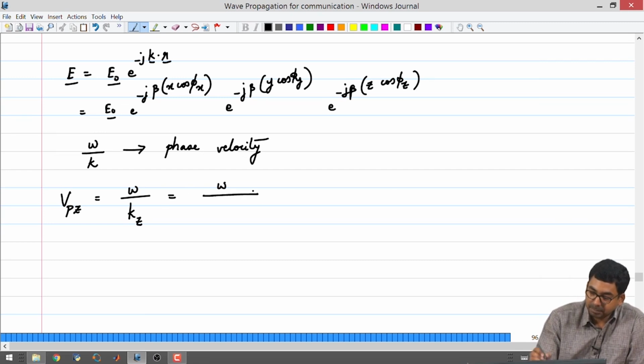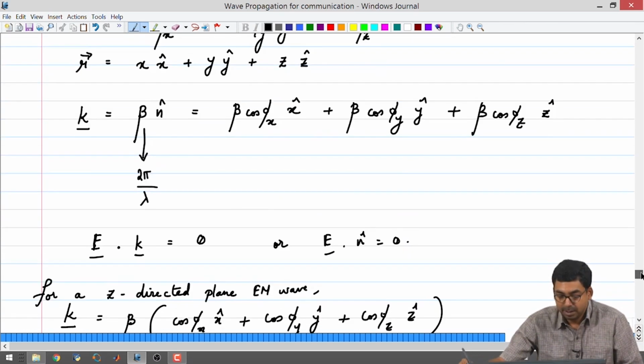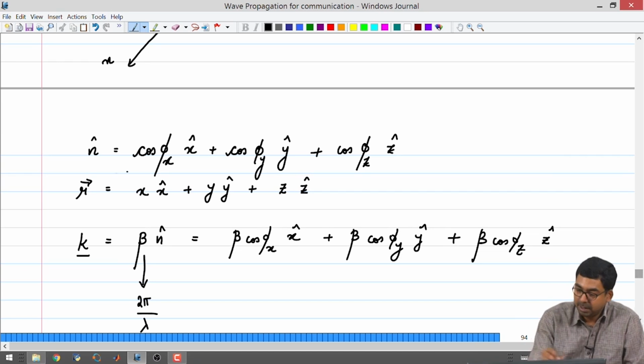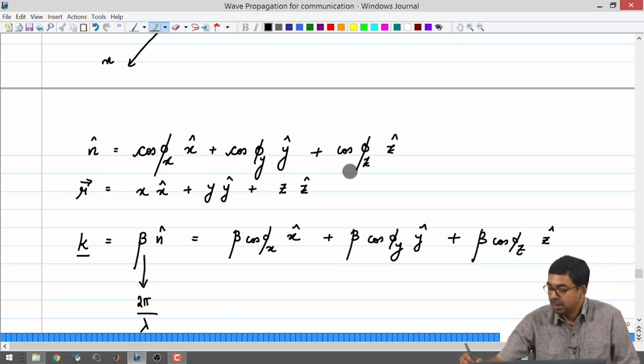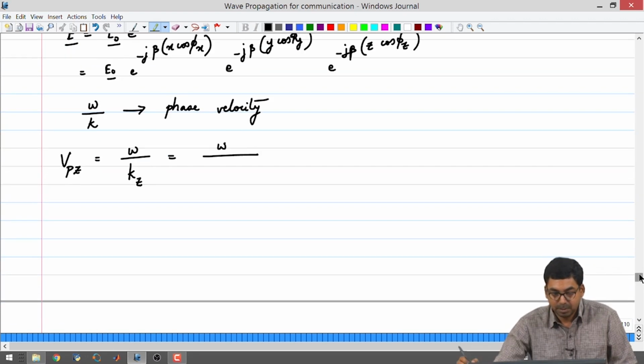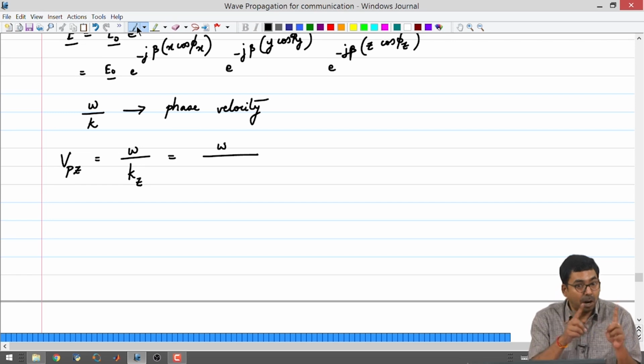Omega divided by kz. I already know from the previous class that kz is going to be this part over here. So, I am going to be having cos phi z. I am going to take only the part which is not the vector part.